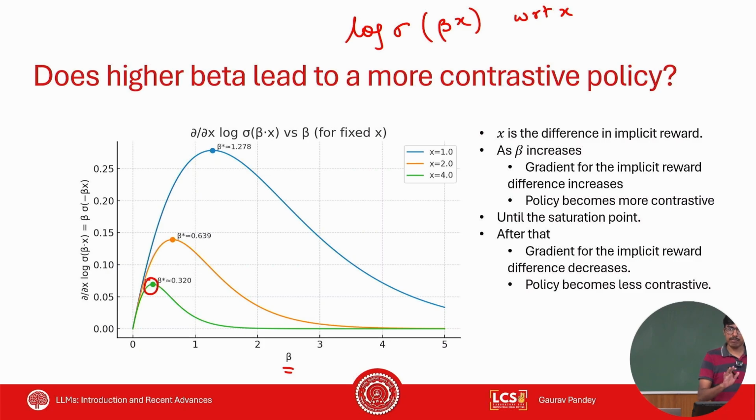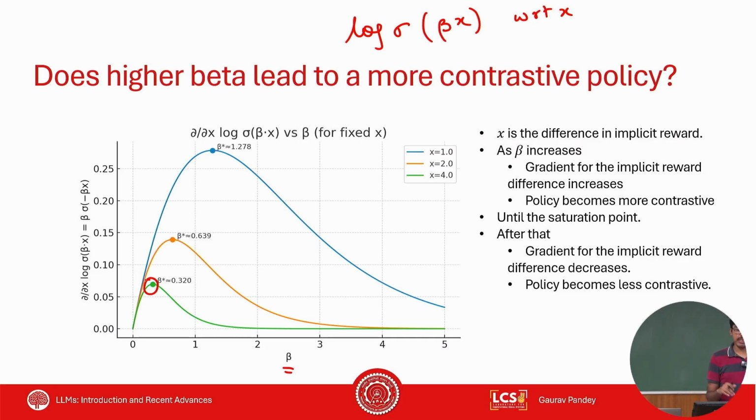So the role of beta is not very linear like in the case of RLHF. Here beta can actually increase or decrease the difference between the implicit rewards. So beta has to be chosen quite carefully, and most of this choice is done in a hyperparameter training framework. Although I wonder there might be more, people should come up with better strategies for choosing beta.